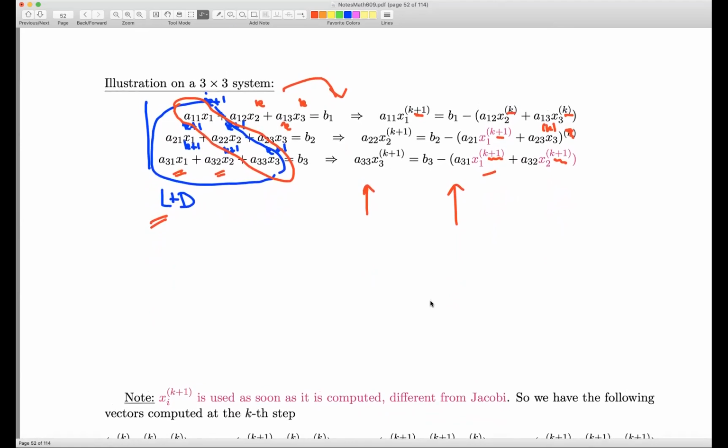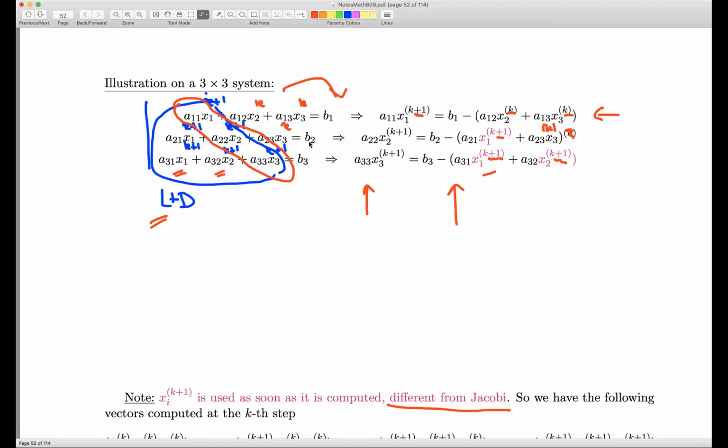Now, what is different in Gauss-Seidel from Jacobi? What is different is that the component x_i^(k+1) is used as soon as it is computed, and this is the difference from Jacobi. So you see here on the first row, we compute the component x1^(k+1).